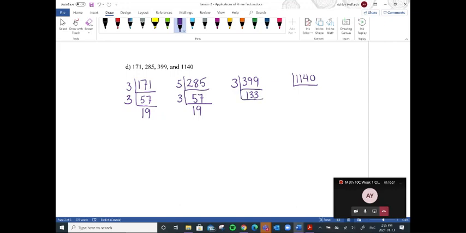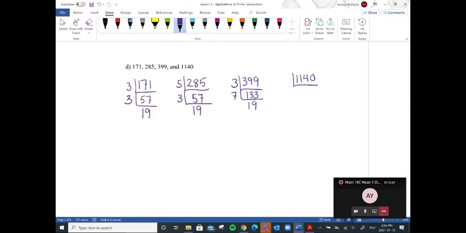Okay, 2 won't work because that's odd. 3 I don't think works either because if I add the digits, 1 plus 3 plus 3, it gives me 7, which isn't divisible by 3. But let's try 7 there. So 7 works. And that'll leave me with another 19, which is prime.